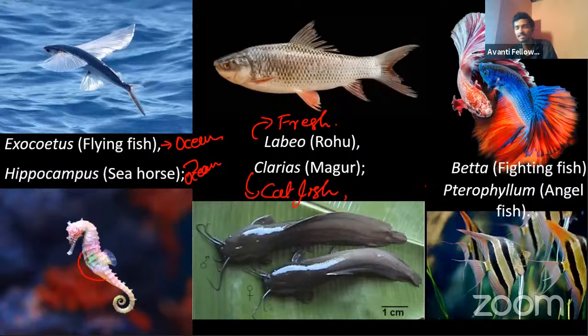And there are some economically important fishes, like for the aquarium. The first one is Betta. We normally call it a fighting fish, because whatever fish you keep in the aquarium, it will normally try to attack. Not all fish, though; there are some fishes that Betta won't attack, and it normally combines with those fishes only.